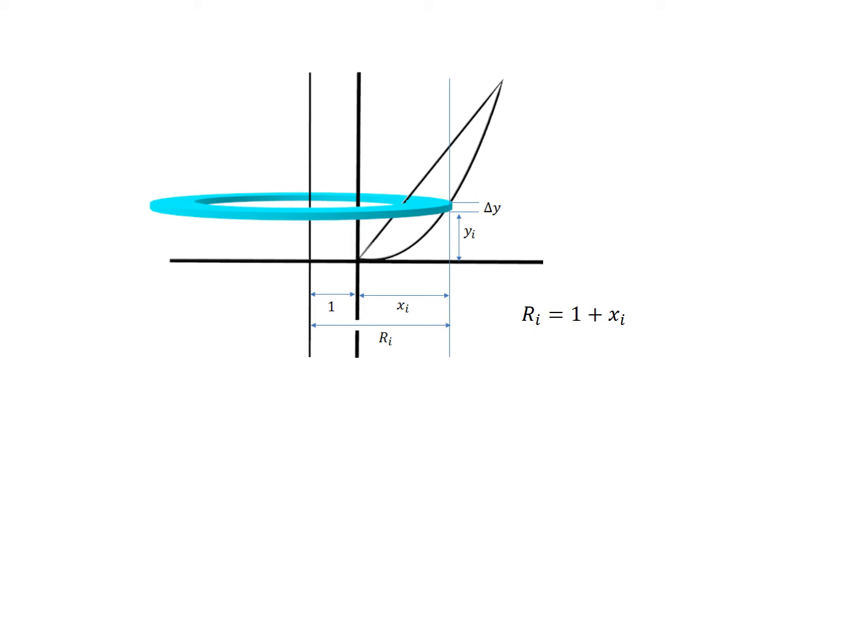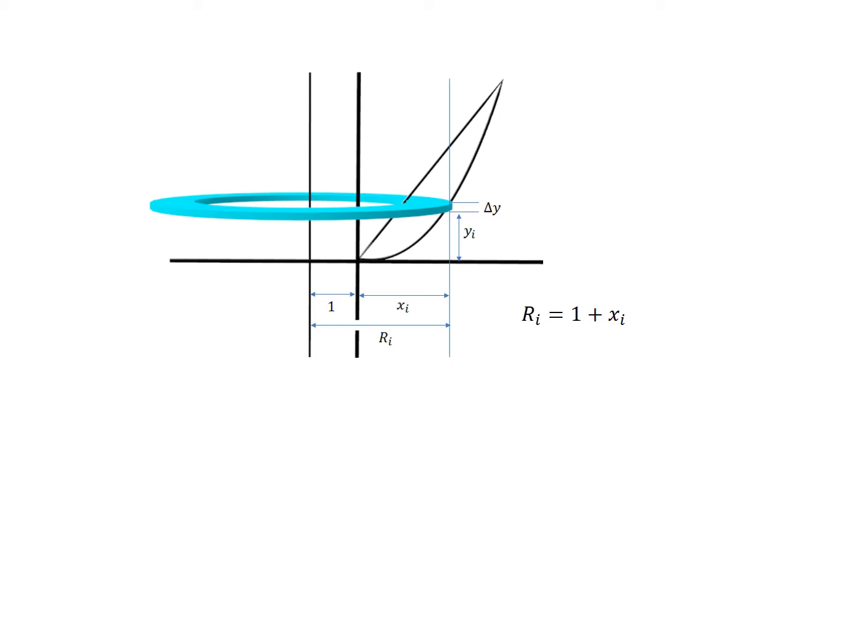Okay, here we want to consider the outer radius of this washer, and notice that it's going to be the distance from the line x equals -1 here on the left, that vertical line, to the line through the point on the parabola.